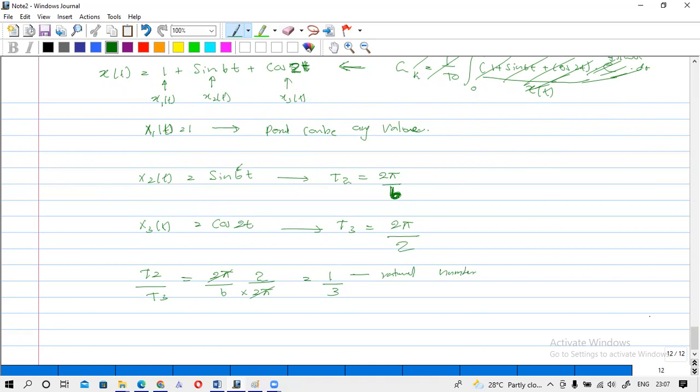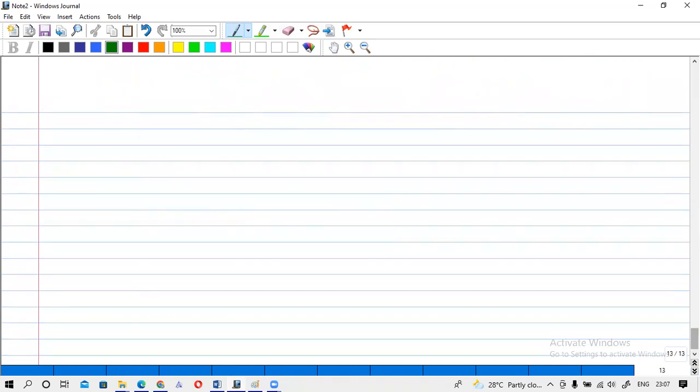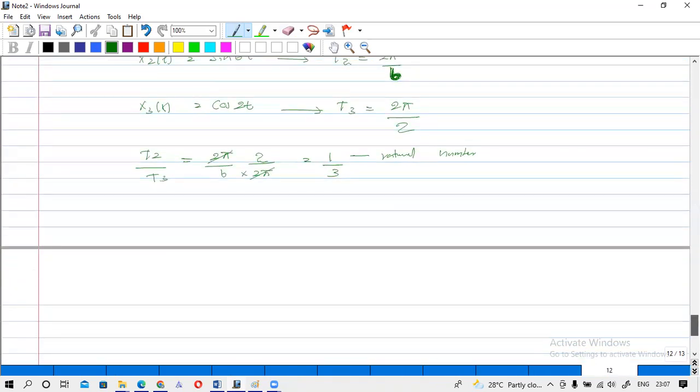To find the common period, you have to find the least common multiple. Can you remember? To find that, you can see that 3T2 is equal to T3, and this is the composite signal period.